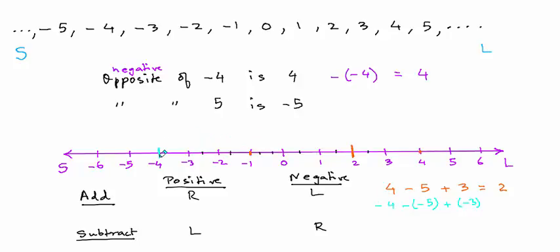So you have a negative 4. And then it's a minus negative 5, so it's a subtraction of a negative number. So you want to go right by 5 units. 1, 2, 3, 4, 5. So you are here at the number 1 or positive 1.